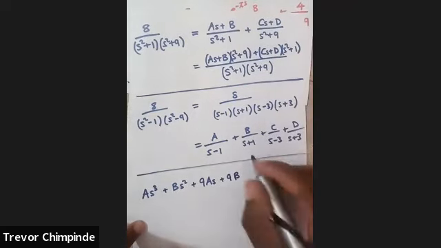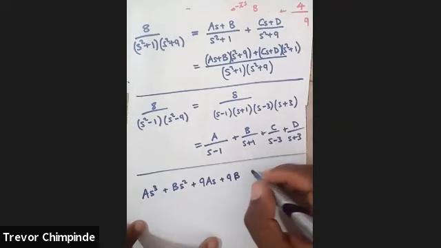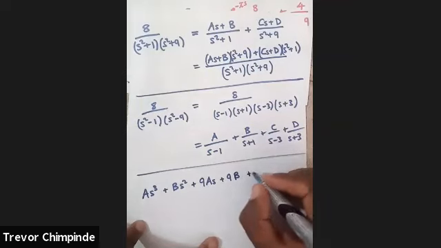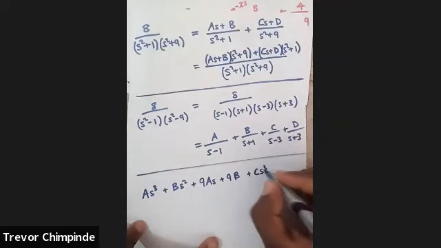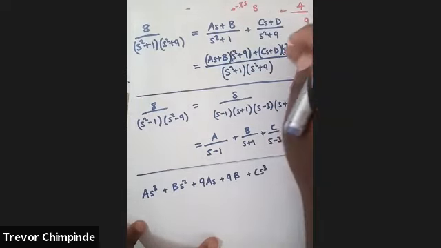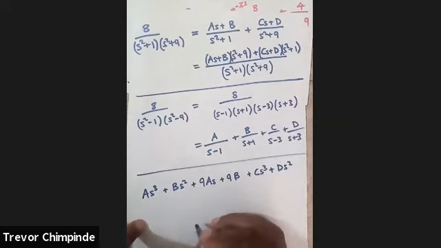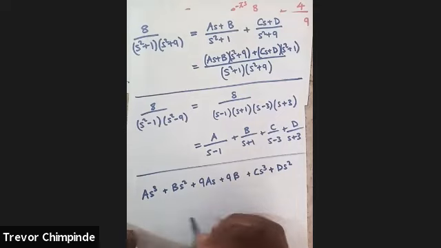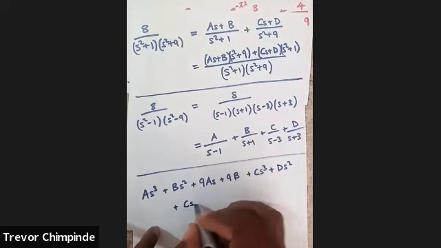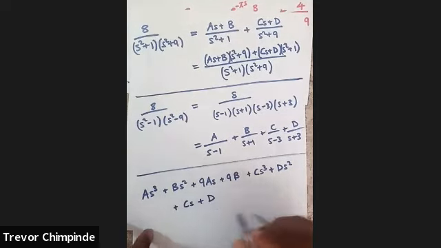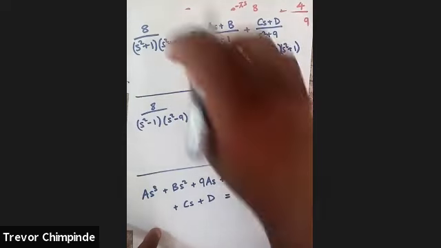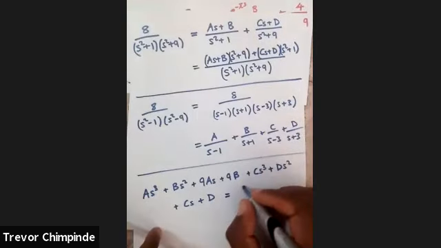The second term is plus c s cubed, then plus d s squared, then plus cs, and then plus d. So this should equal this numerator, which is 8.